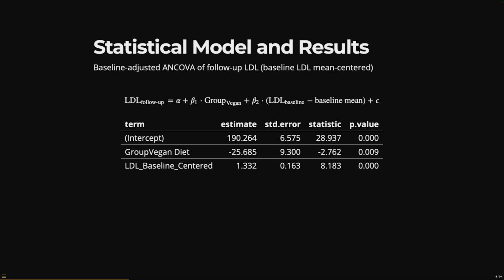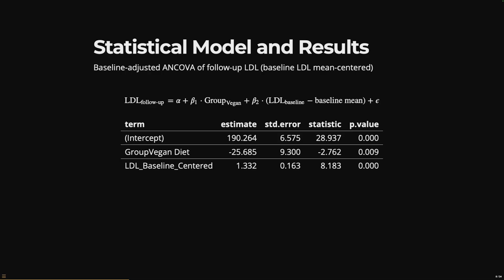Since we're comparing two groups, we don't need to worry about regression to the mean, because we are just looking at the difference between these two groups, and because it's a randomized controlled trial, we're assuming everything else is held constant, and the only difference is the vegan diet.